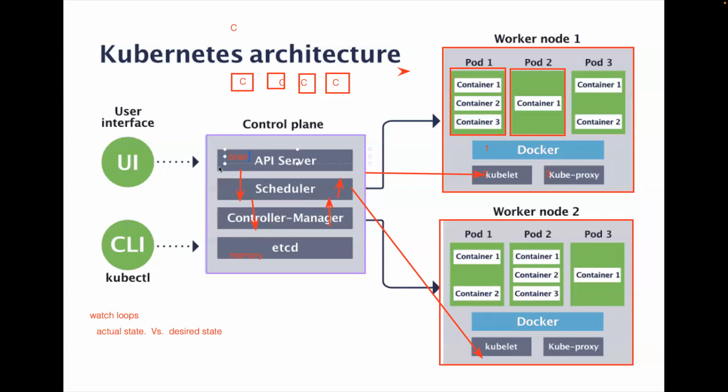The API server will validate and give information to the scheduler and controller manager. The controller manager will check the resources and the actual state. It grabs the information from etcd and accordingly deploys the pods on the cluster. That's how these components work together to manage your cluster.